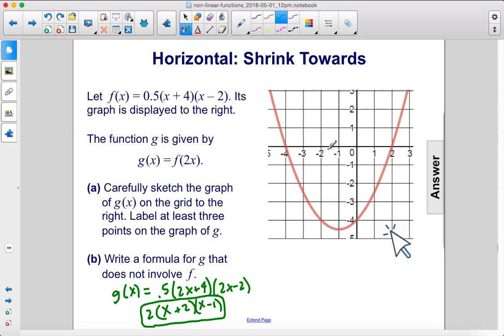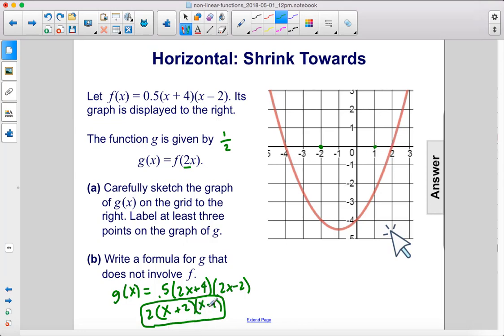Now we are going to find our new zeros. So as you can see, we're going to have a 0 when x equals negative 2, which is half the amount from negative 4. So remember, we're going to take this 2, and then everything's going to move by the scale of 1 over b. So in this case, b is 2. So we have 1 over 2. So negative 4 becomes negative 2. This 0 at 2 becomes 1.